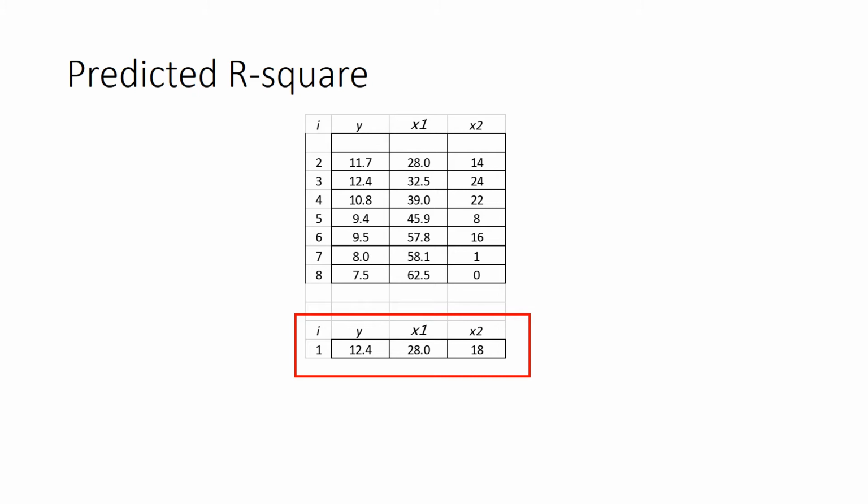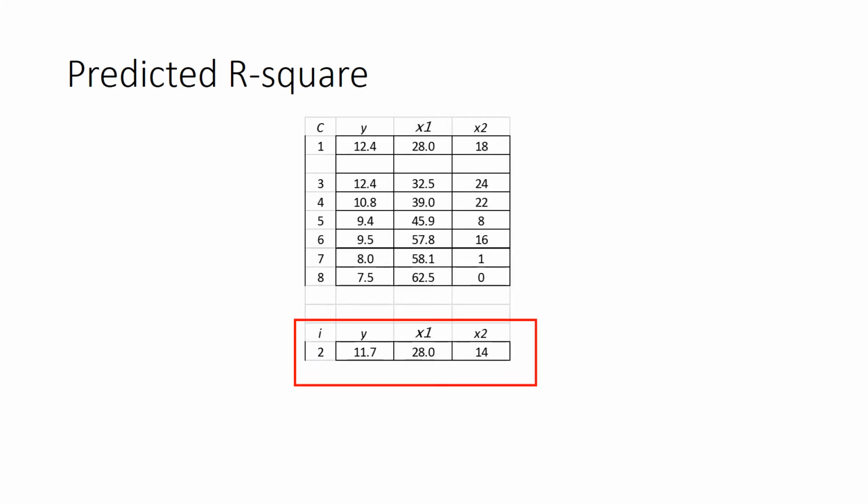The predicted y is compared to the actual y for observation 1 of 12.4. You find the squared differences between the two, called the squared residuals. Next, observation 1 is returned to the dataset, and observation 2 is removed. Now a new model is found using observation 1 and observation 3 through 8, but not observation 2.